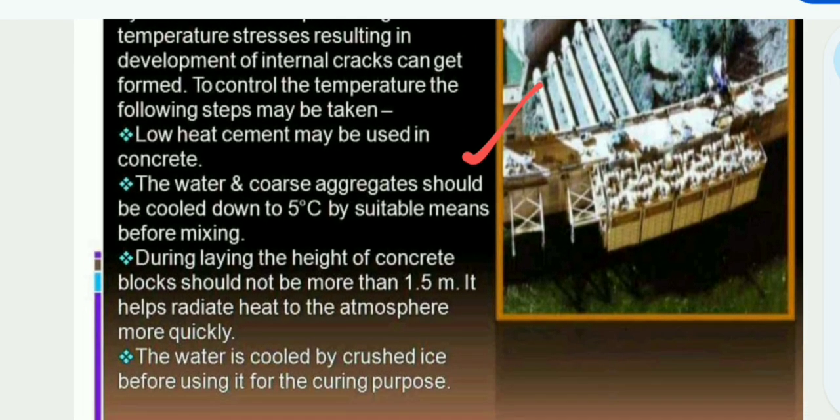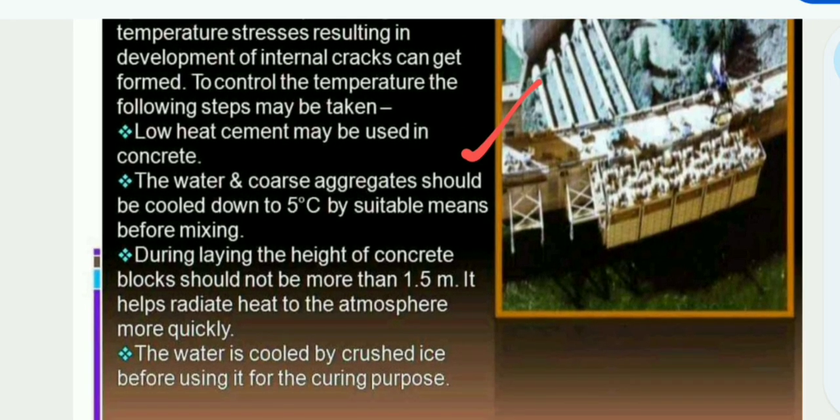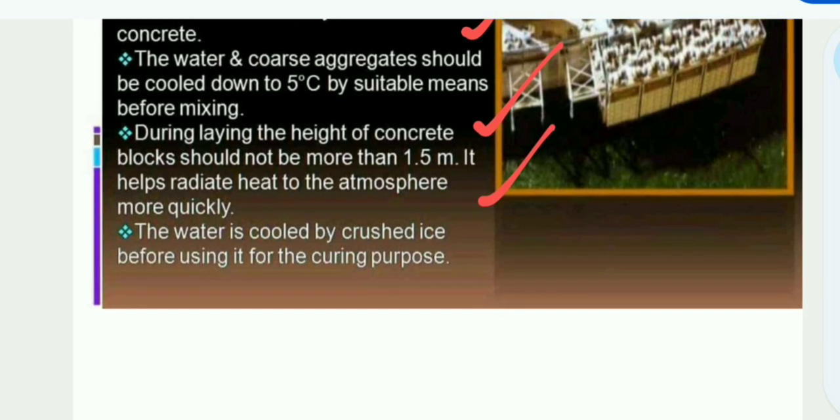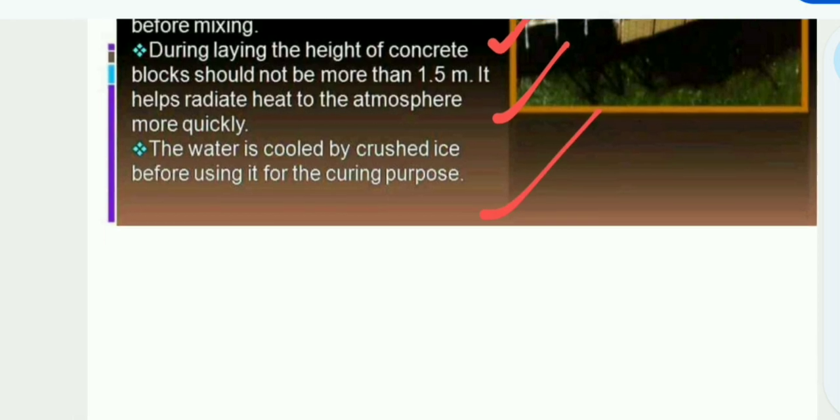The coarse aggregate should be cooled down by 5 degrees centigrade by suitable means before mixing. During laying, the height of concrete blocks should not be more than 1.5 meter. It helps radiate heat to the atmosphere more quickly. The water is cooled by crushed ice before using it for curing purpose.